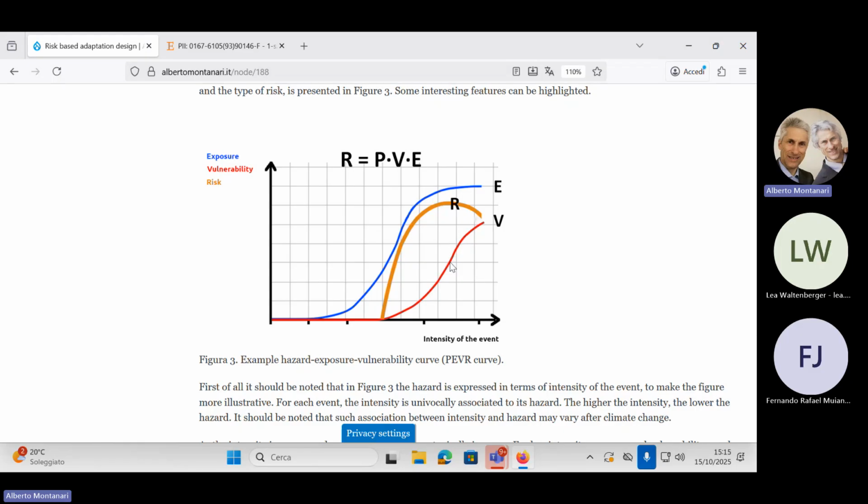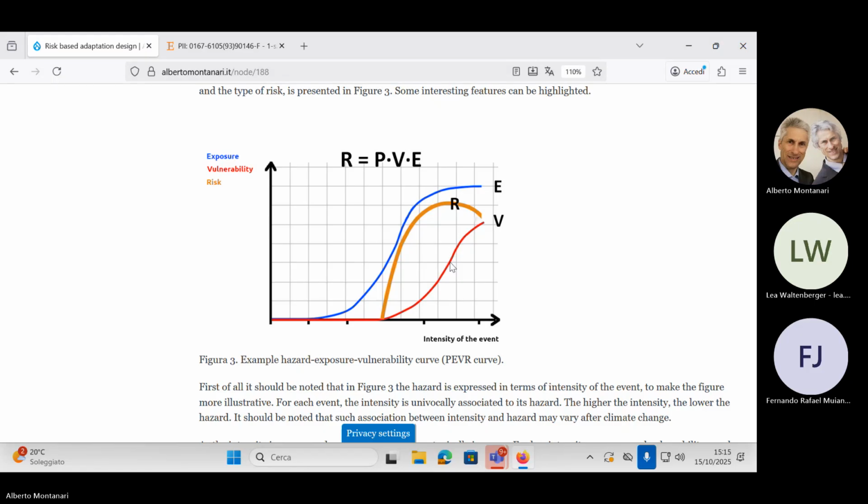I mean, the exposure of the blue line could reach a max and then be completely flat, because of course, up to a certain magnitude, you don't get any more damage anymore. Everything is flooded, everything is drowned, and that's it. Okay, this is just a pattern that I put there based on my imagination.